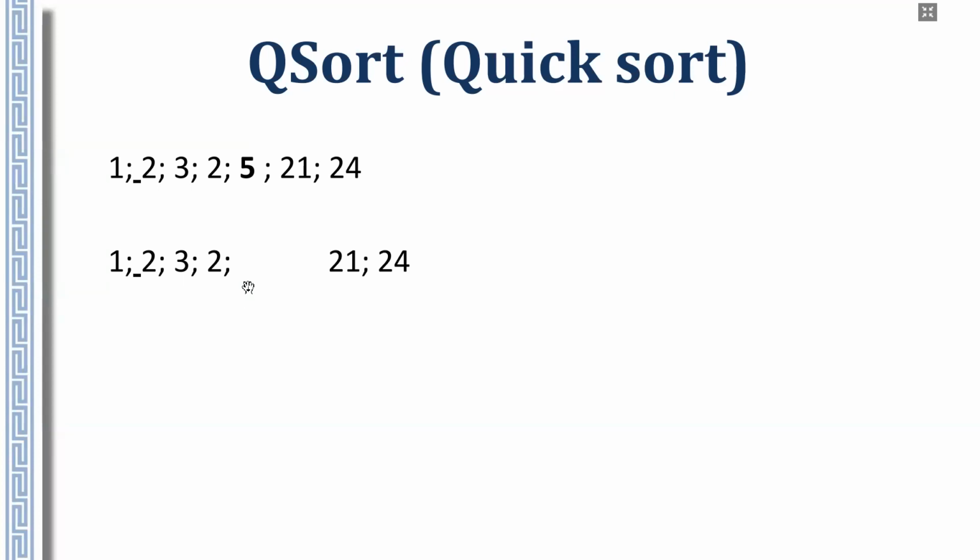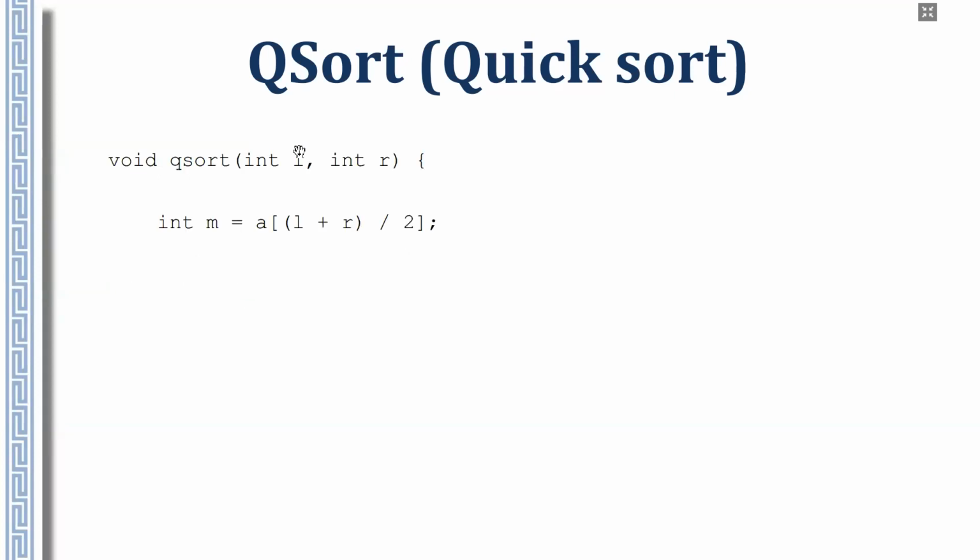For this idea, we use a recursive function that has two borders, left border and right border, for the sorting segment, and we try to sort this segment. So we choose an element value which should be in the correct place, but how to choose this value is a hard question.